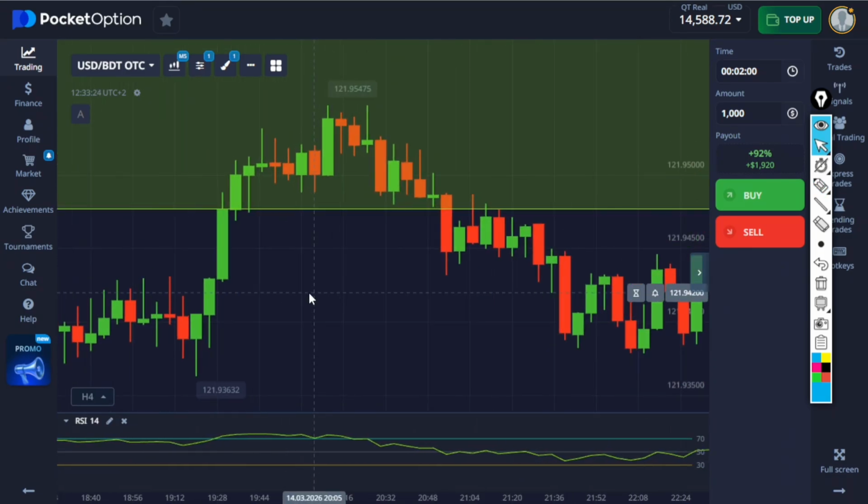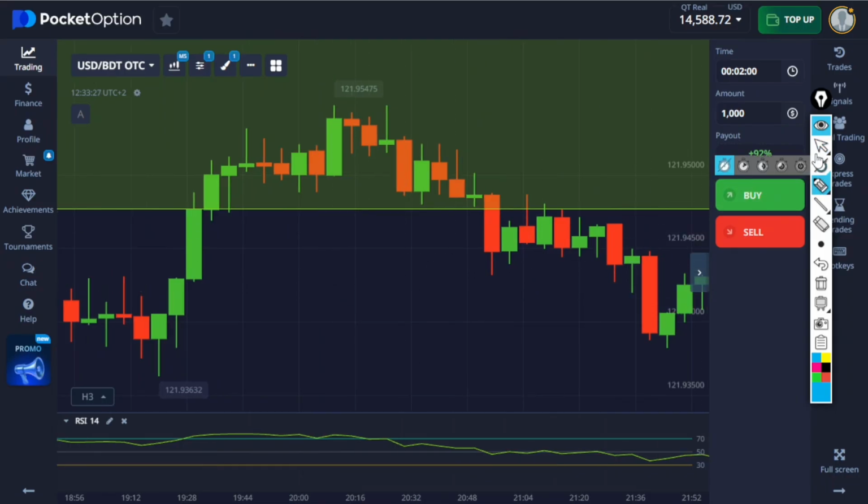Now, if we zoom in a tad bit closer here, we got a decent retest of this resistance zone. And right over here, we get the first confirmation. We got a bearish rejection candle. We got a long upper wick, a small body, and a small lower wick.